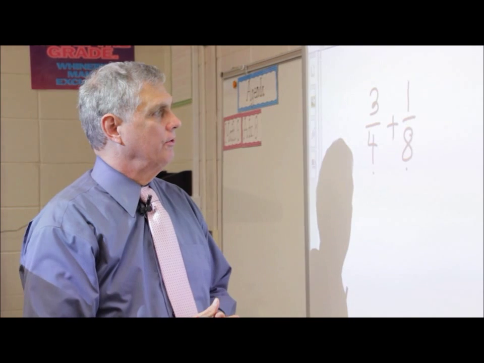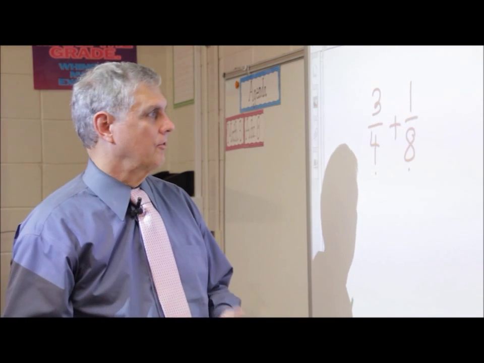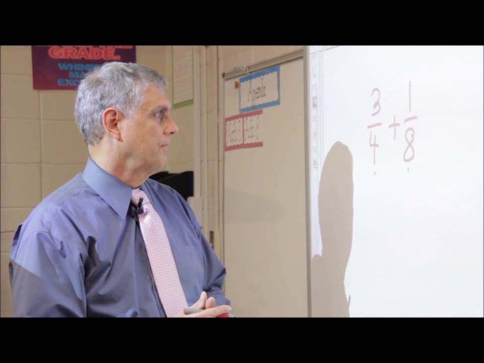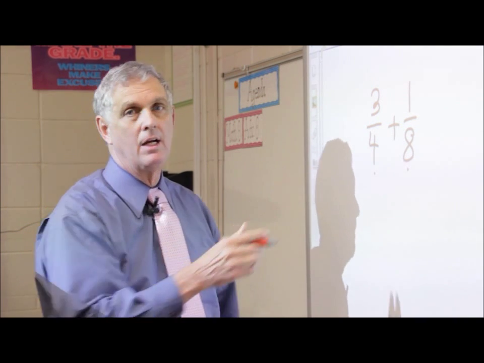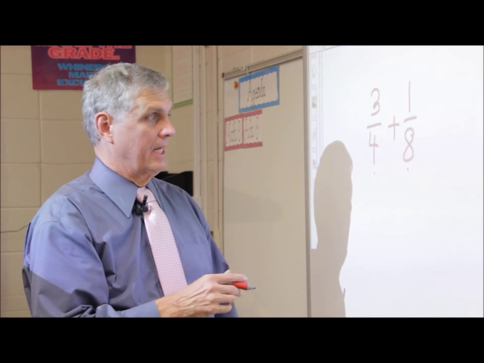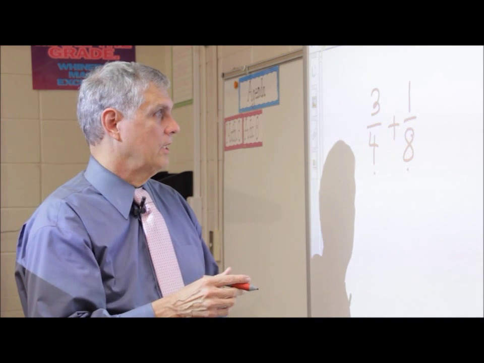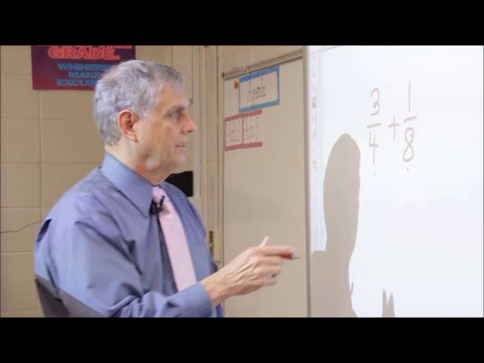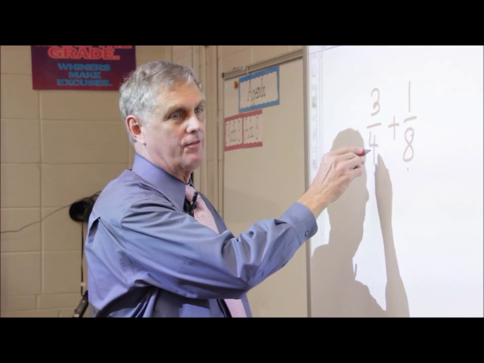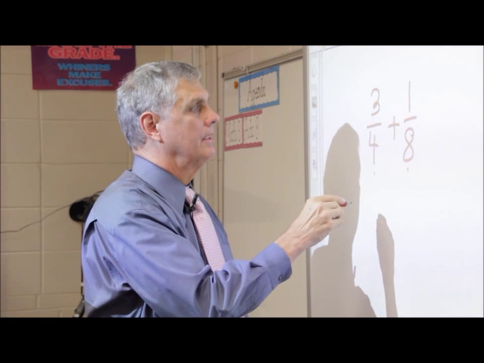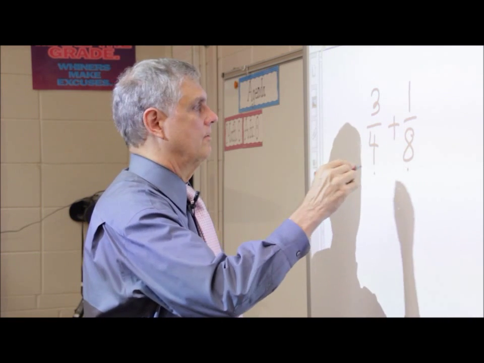So you're probably used to doing what's called common denominators. And you do that by trying to find something that you could multiply one or both of those denominators by so that they're both equal. And in this case, it would be easier to multiply the 4 over here to make it an 8. So we'll go ahead and do that.